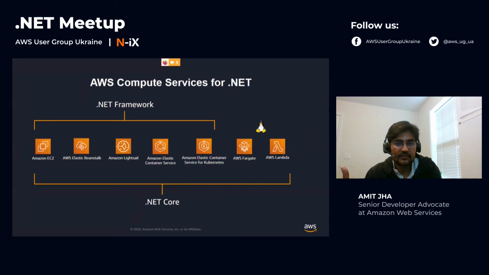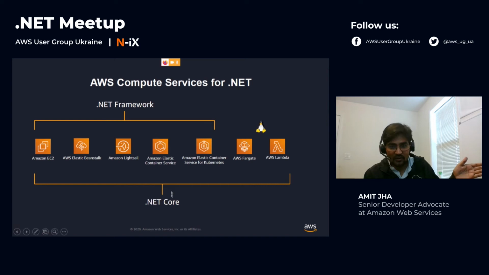For .NET applications, here is the list of services where you can deploy them. .NET Framework based is EC2, Beanstalk, which I showed you in a quick demo and is more PaaS-like, Lightsail, a container service, and Kubernetes. For .NET Core or .NET 5, pretty much across.